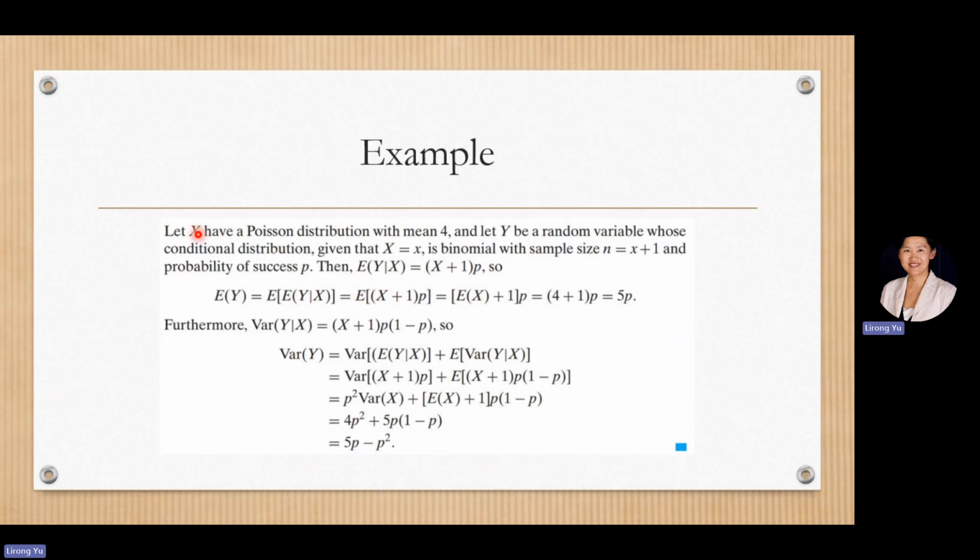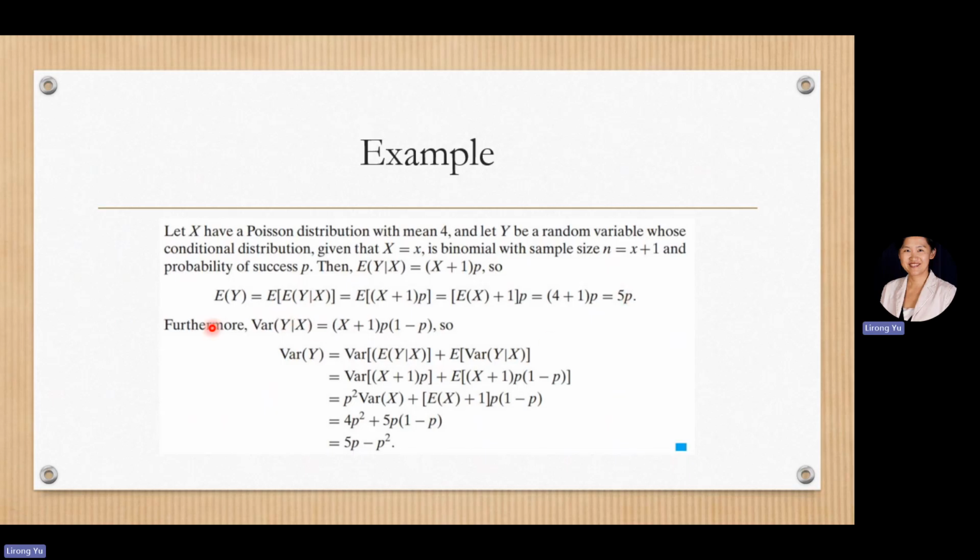X is a Poisson distribution with mean 4, so E of X equals 4, therefore it's 5p. So E of Y is given. Using all these properties that we learned, we now have the mean value for Y, and we're going to move forward and try to find the variance for Y.